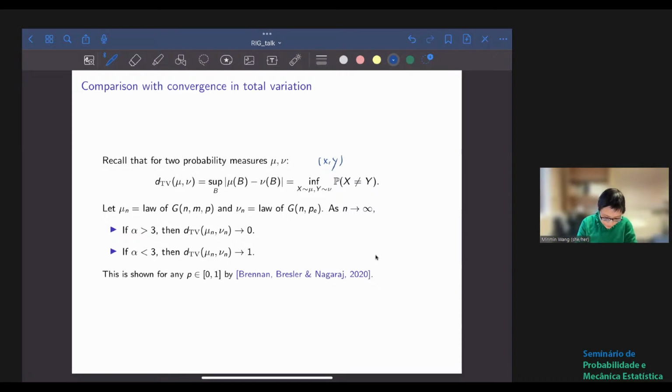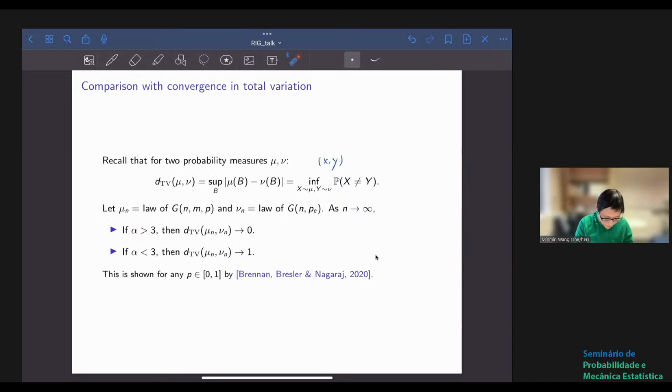Here let's take mu_n to be the law of the random intersection graph, and nu_n to be the law of the corresponding Erdős–Rényi random graph. It turns out that as n goes to infinity, if you're in the region where alpha is strictly greater than 3, then these two distributions are identical in the total variation distance.